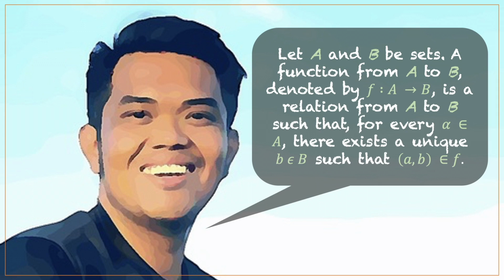We have learned that in mathematics, mathematical concepts or terminologies are defined by conditions. Hence, to understand the definition of function, we need to understand the conditions written in its definition.